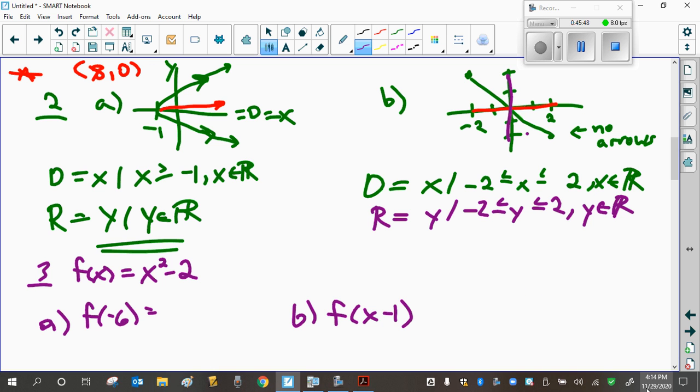Bravo. Again, distinction: if there was arrows on the ends, then domain and range would be all real numbers, because the graph would go forever left and forever right.